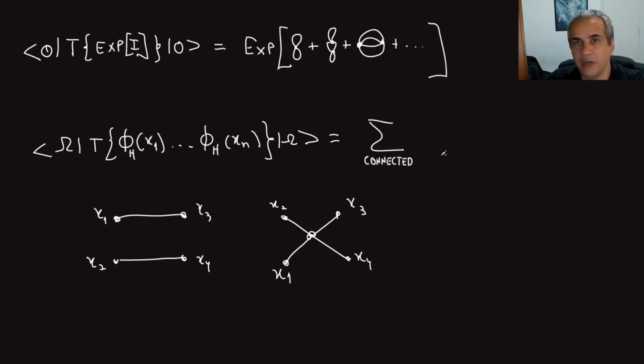Further ahead, we'll make a distinction between these two, because in here you also have a situation where one part of the diagram is disconnected from the other. Both are connected to the external points, but they are not connected between themselves. Eventually I'll call these disconnected diagrams, and these ones will be, in a more strict sense, the connected ones. But both are here for now.